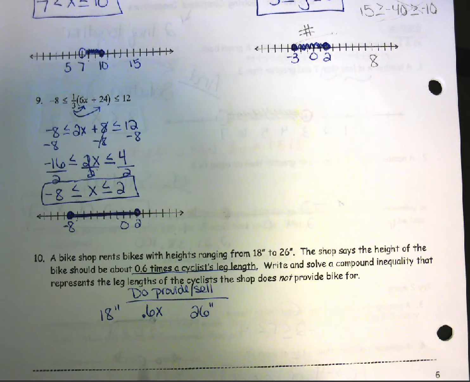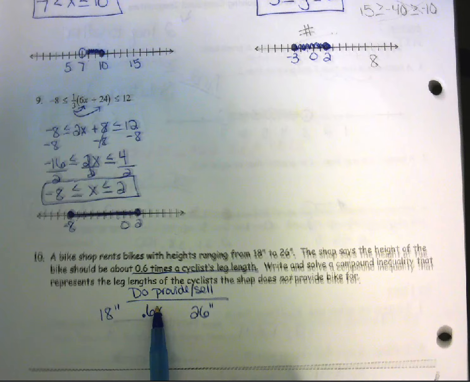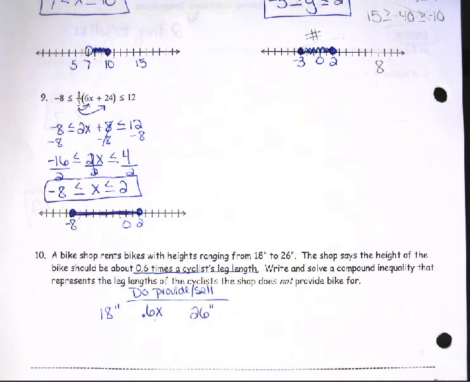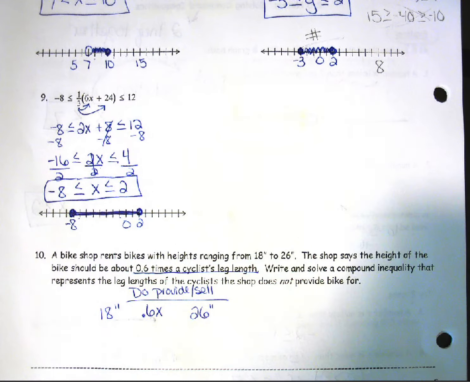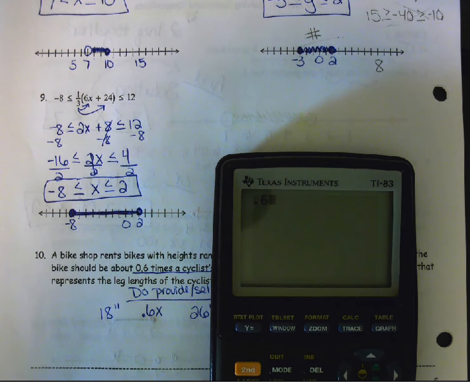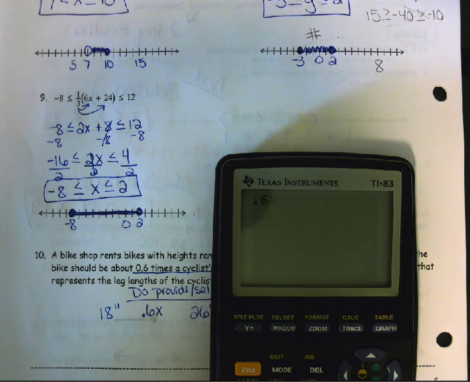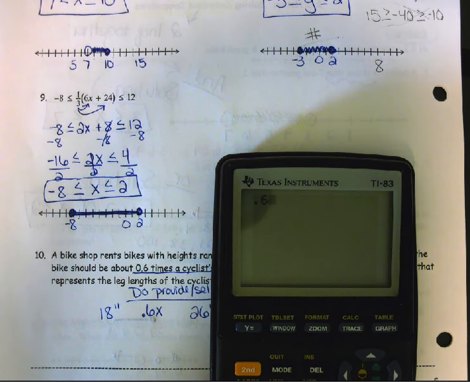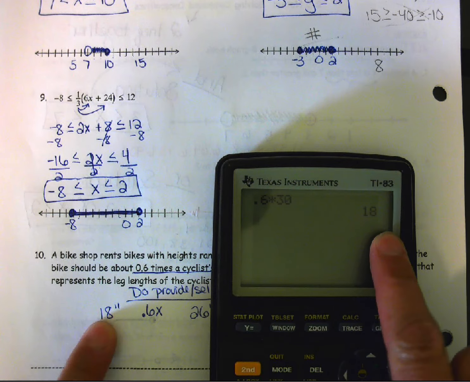So once I know my leg length, I would take my calculator and I would times it by 0.6. So let's say my leg length is, I don't know, 30 inches. My leg is 30 inches. Oh, yes, they have a bike for me.